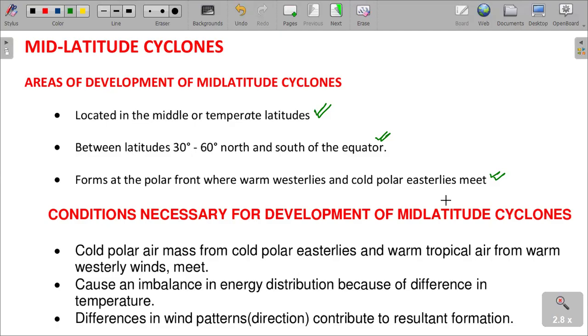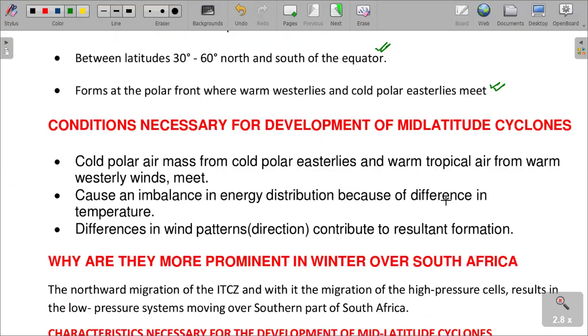So, what are the conditions necessary for their development? I'm sure you should understand that there must be a cold polar air mass from the cold polar easterlies.